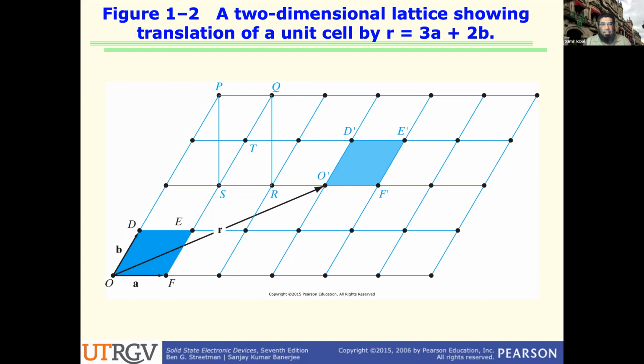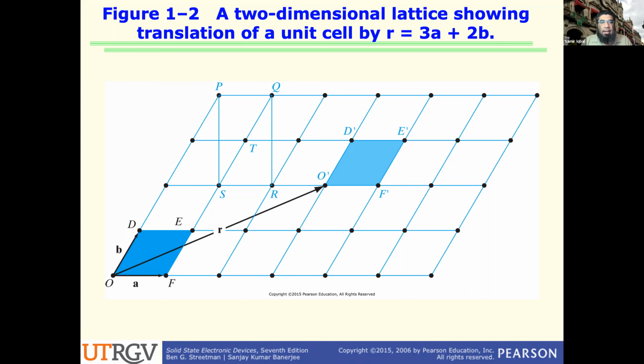It's important to know the unit cell and its dimensions, and the important dimension is small a, which we call the lattice constant, which is the minimum distance between two nearest atoms, right? And then from the nearest atom, you keep on going further.